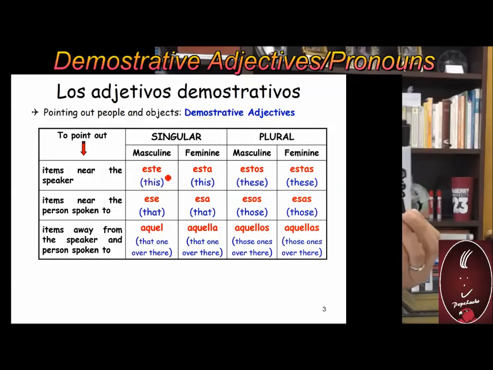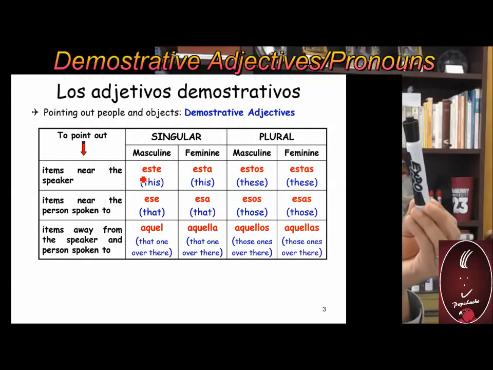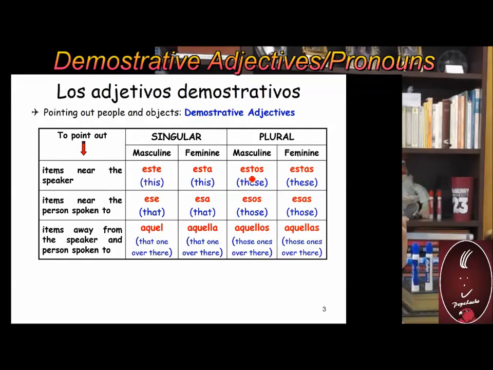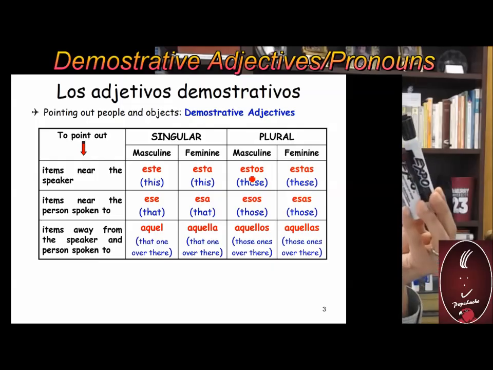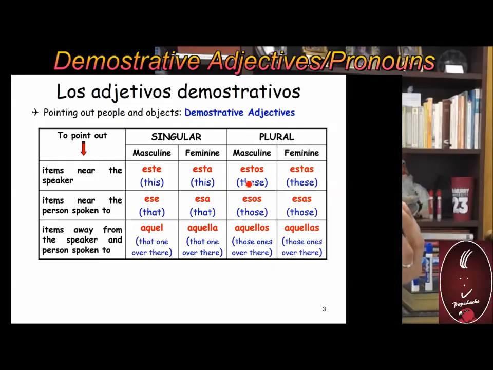Agree in gender and number with the demonstrative adjective. If I have two markers, I will use estos marcadores son negros because those markers are masculine and plural.